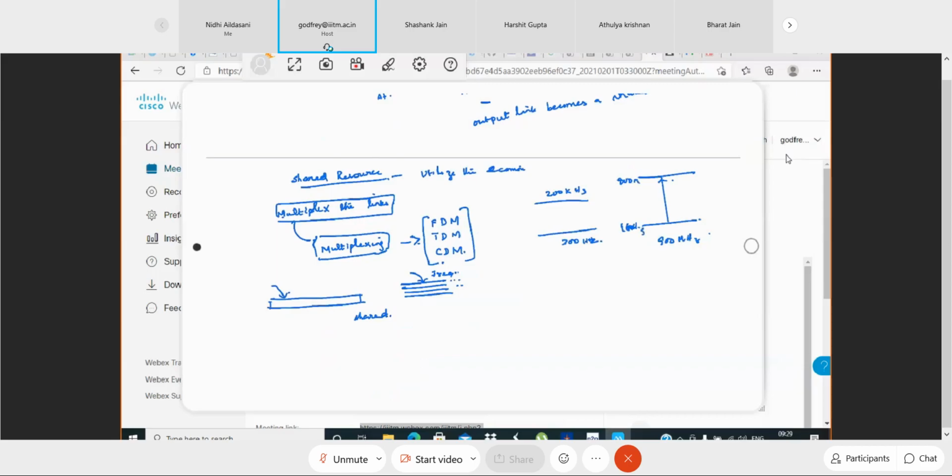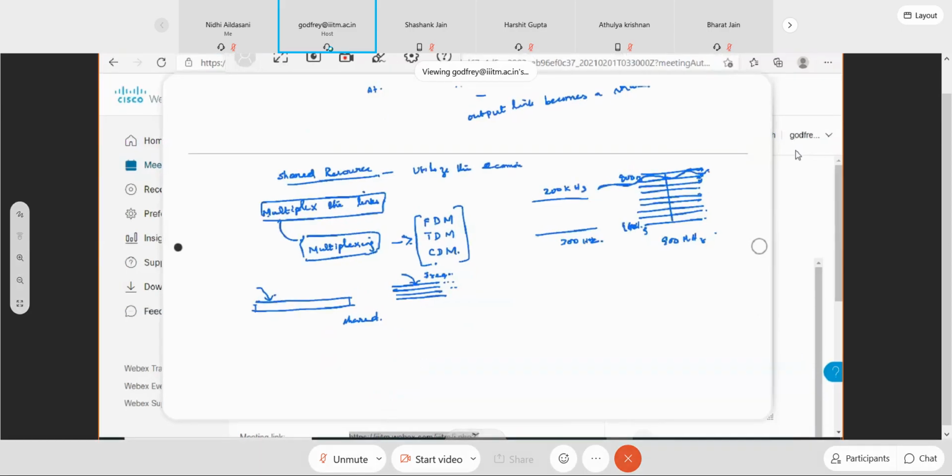Up to here, you divide the entire frequency into separate channels, maybe with some channel bandwidth, and you transmit the signal between the source and the destination within this particular frequency.